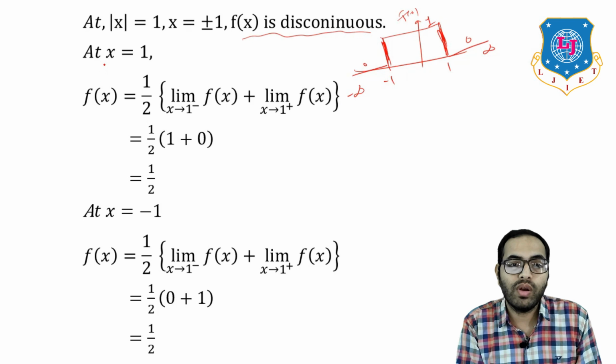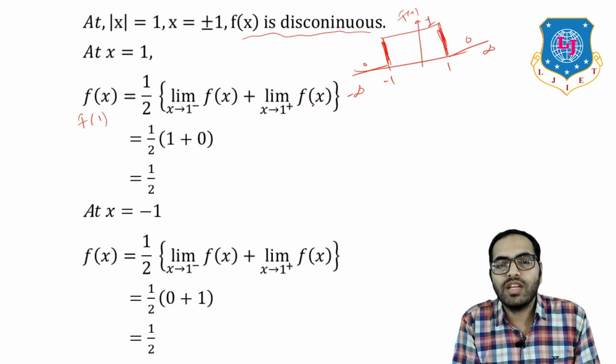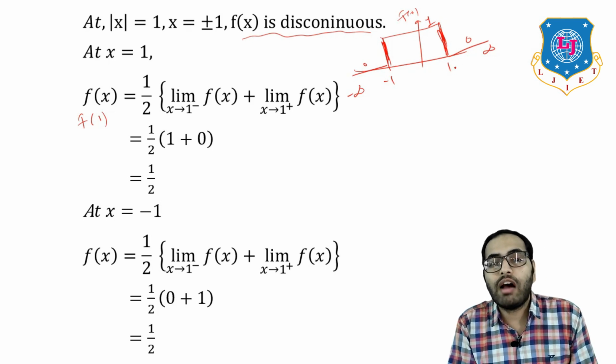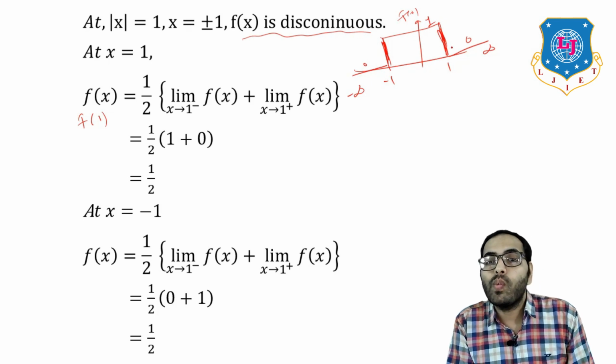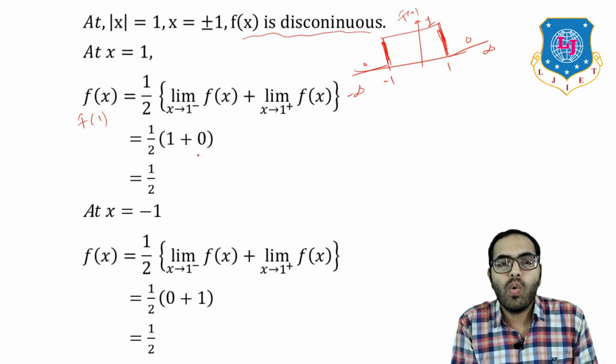For that we just find the values of the function at position 1 and minus 1. For that we have the formula: at x equal to 1, f of 1 is equal to 1 half of limit x tends to 1 minus f of x plus limit x tends to 1 plus f of x. That means the function value before the 1 and after the 1 position. That is 1 and 0, then 1 half of 1 plus 0, that is 1 half.